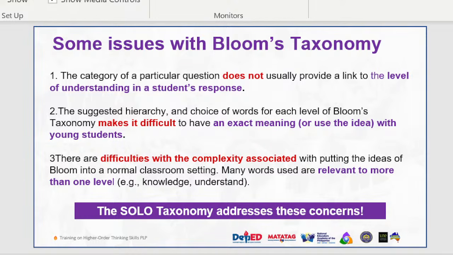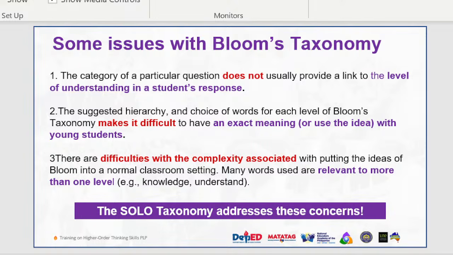The category of a particular question does not usually provide a link to the level of understanding in a student's response. Number 2, the suggested hierarchy, the choice of words for each level of Bloom's taxonomy makes it difficult to have an exact meaning or use the idea with young students.